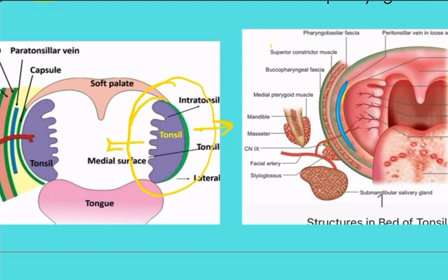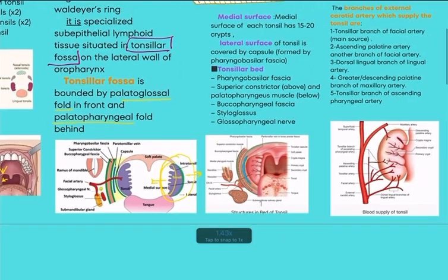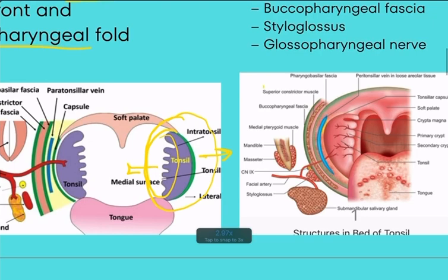The medial surface of the tonsil is formed by invagination-like structures that we call crypts. We have about 15 up to 20 crypts on the medial surface.